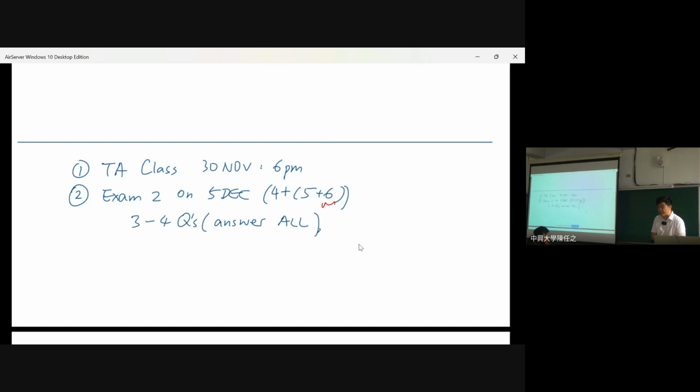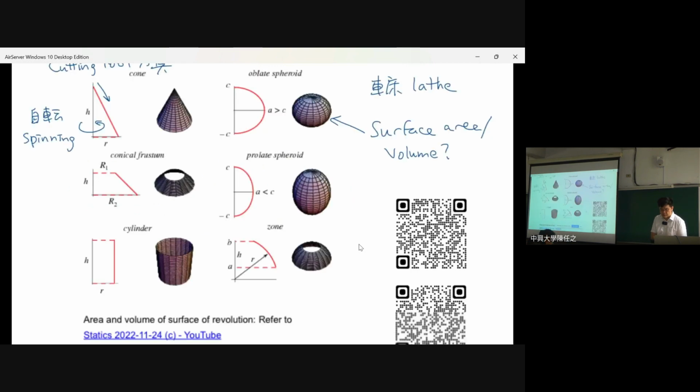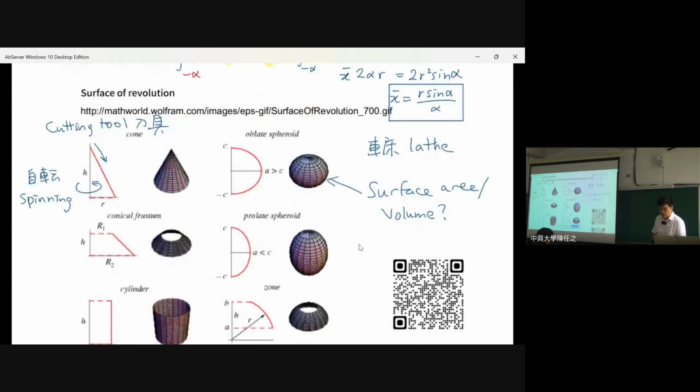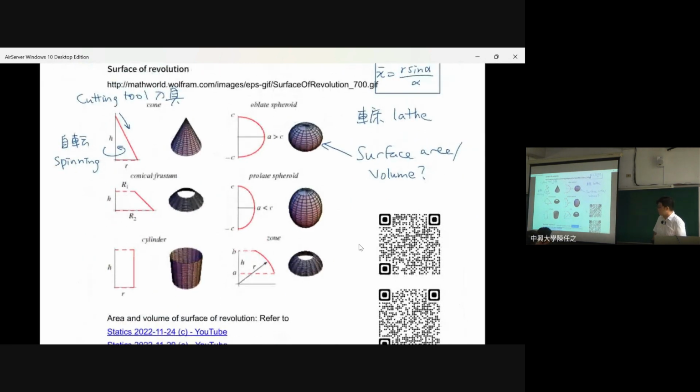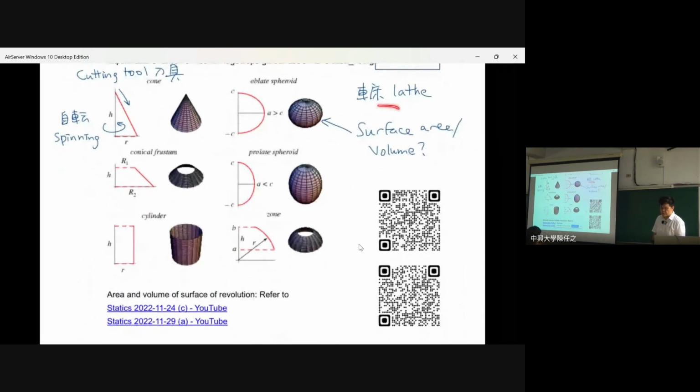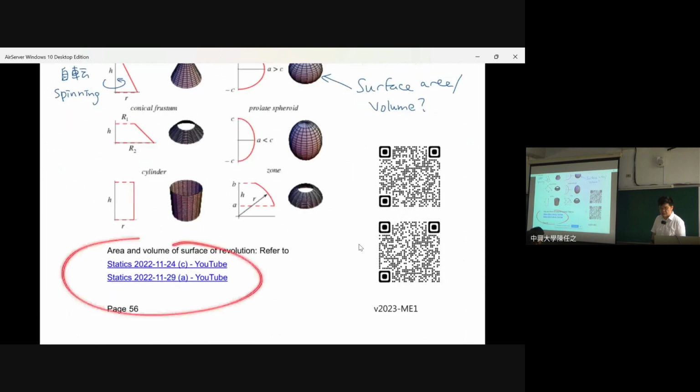And then I think I have talked about the extra points about these surfaces of revolution. How do we calculate the surface area and volume, right? So I've talked about this, and I have 2 YouTube videos from classes last year.